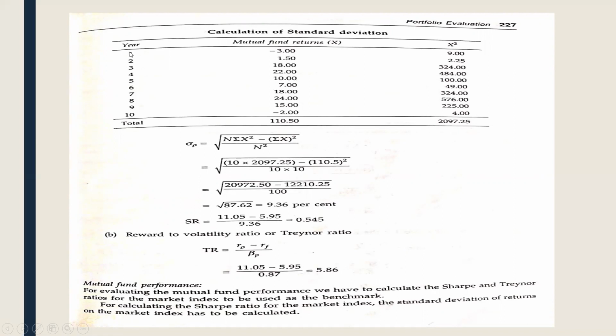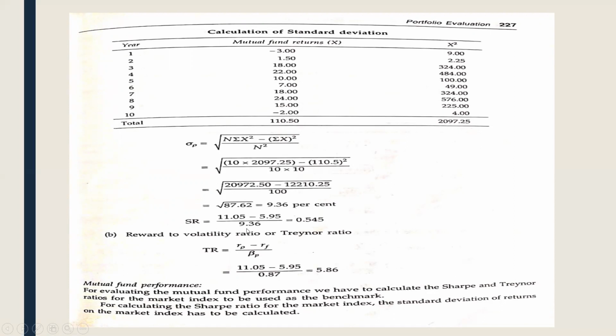N here means the number of years, that is 10, into sigma x square, that is the total 2097.25, minus sigma x the whole square. The total of sigma x is 110.5, the whole raised to 2, divided by n square, which is 10 into 10. Now by solving this equation, we'll get the standard deviation value as 9.36.